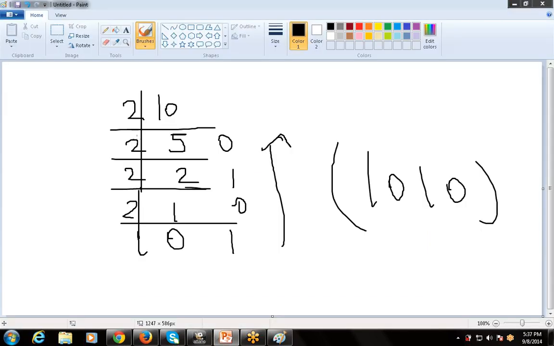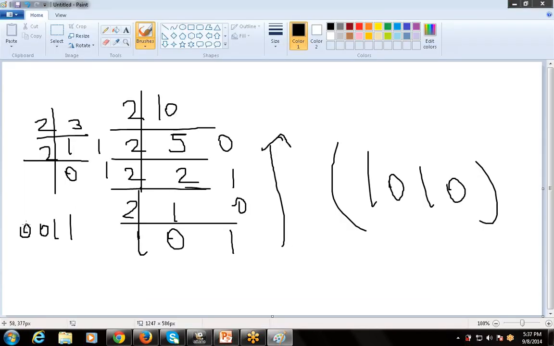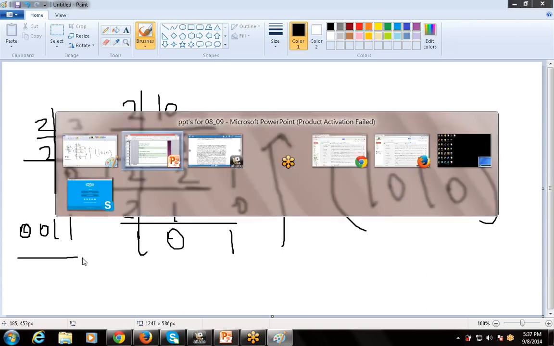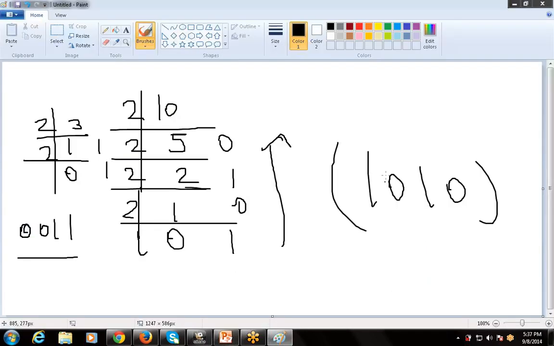Next, using 3, in the same way: 2 1, remainder 1; 2 0, remainder 1. So the output is 11. But we are using 4 bits, so I am preceding it with 2 zeros. So this is 0011. Next is C. C has a value 12.